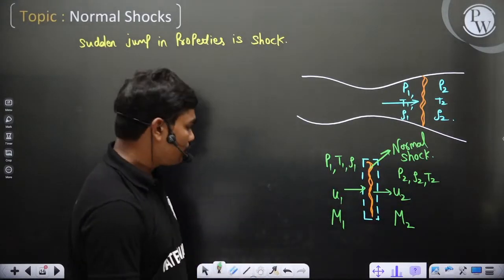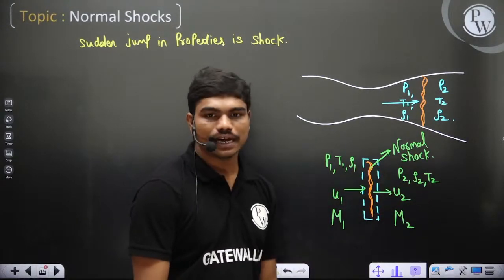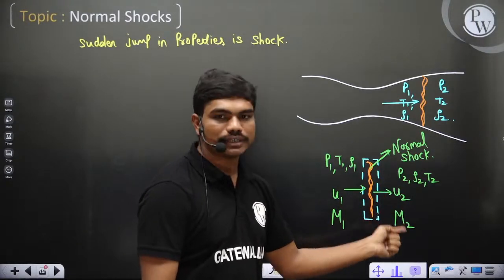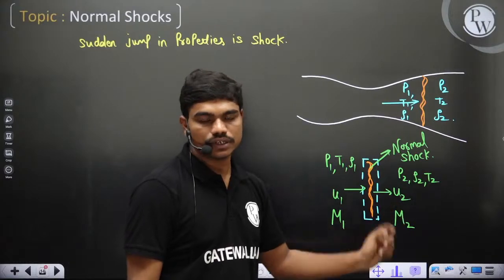To get these conditions, P, rho, T are the conditions actually, because if you can identify P, rho and T, and also measure u2 by means of a pitot tube or something, then you can calculate the Mach number downstream of the shock.